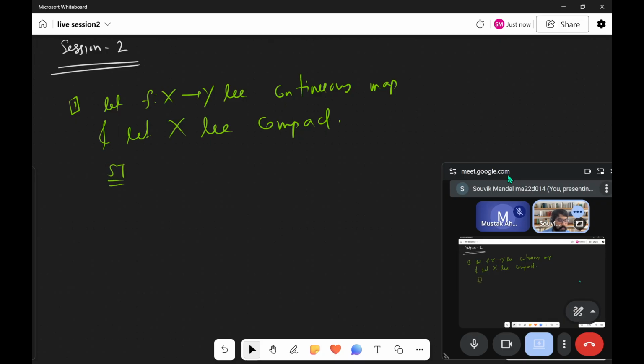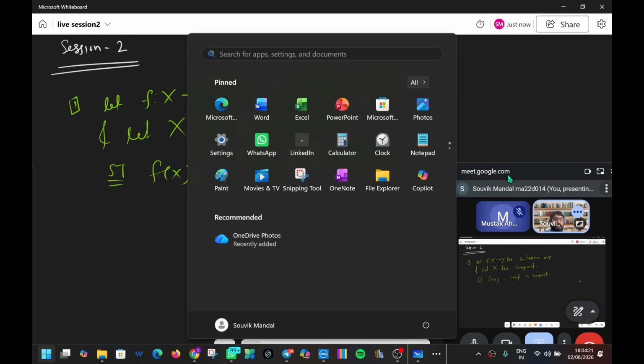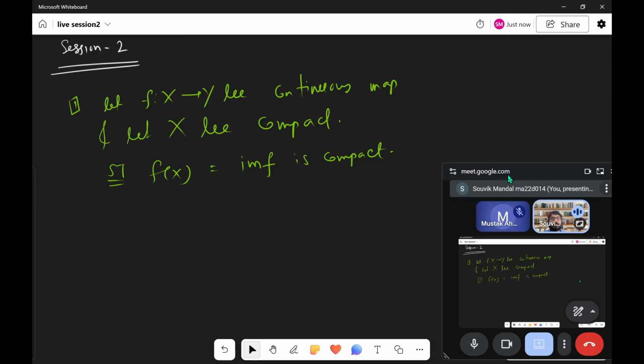Then show that f(X), that is nothing but the image of f, is compact. Please try to prove this by yourself, take your time.